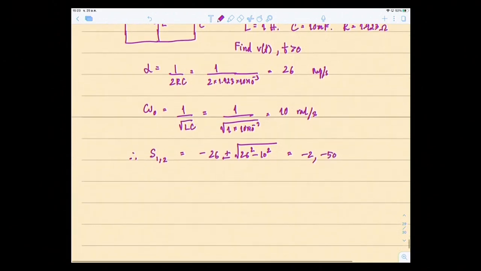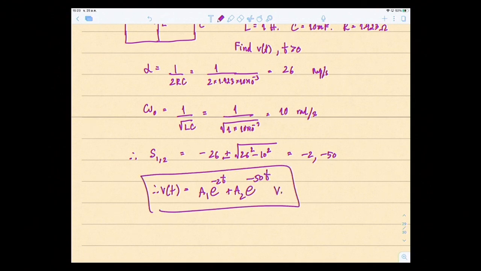So this is the first case: S1 and S2 are distinct. Therefore, my V of t is equal to A1 e to the minus 2t plus A2 e to the minus 50t volt. So this is the solution I've got.